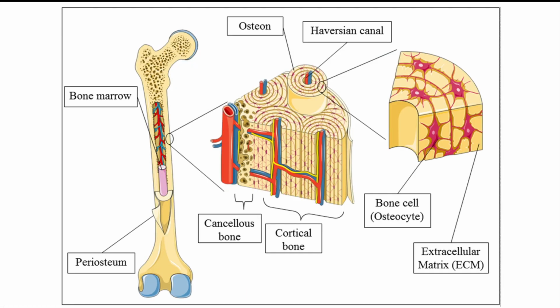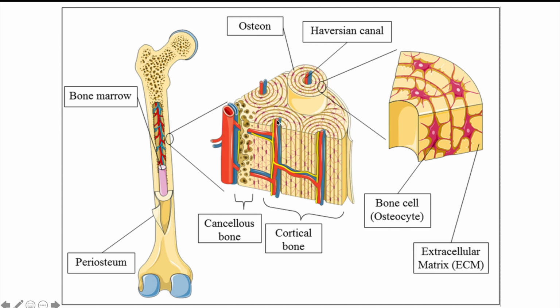So here's a diagram of it. If we take a little slice, a little pizza slice of this femur, which is the thigh bone of the human, and magnify it, we see these repeating osteons.